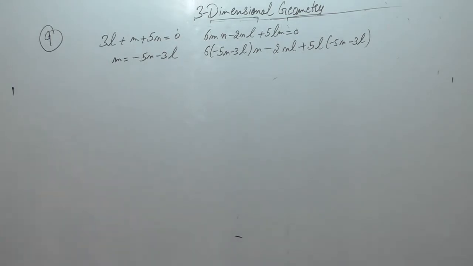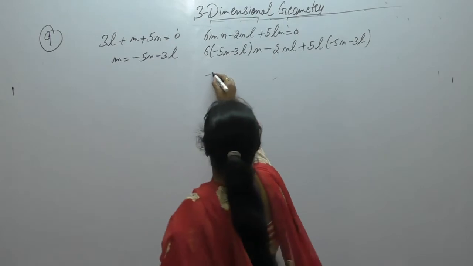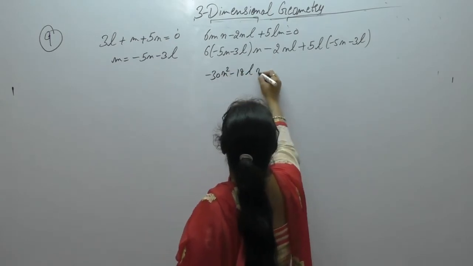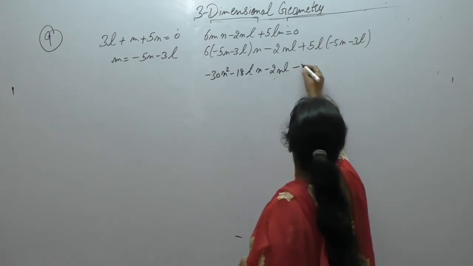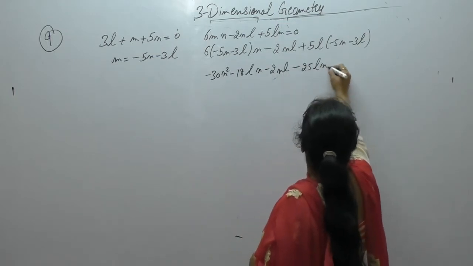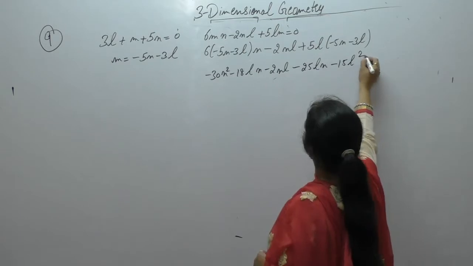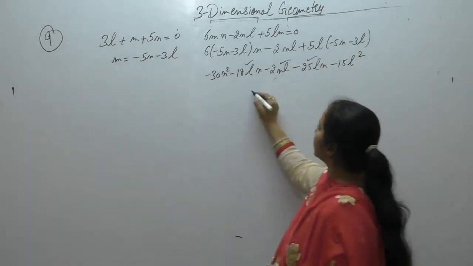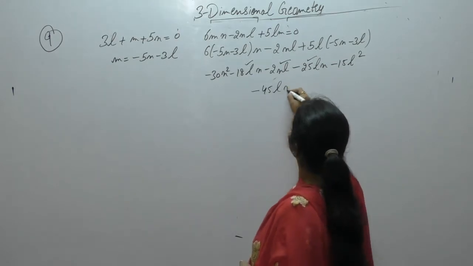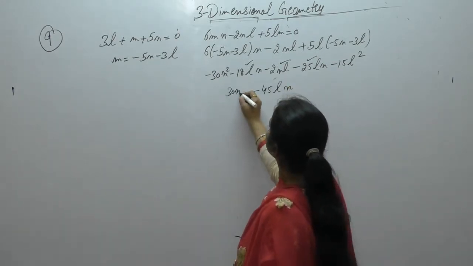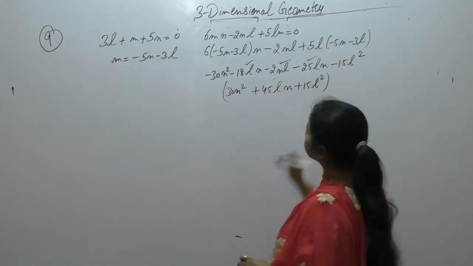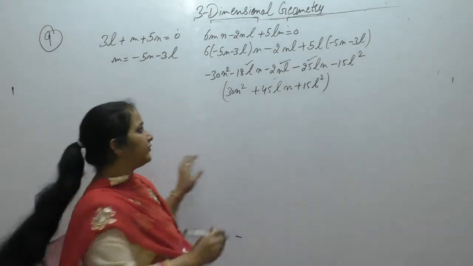Now open the bracket. 6 into 5, 30. 6 into 3, 18. ln - 2nl, 25 ln - 15 l square. 18 plus 2, 20 plus 5, 45 ln, 30 n square. Take negative sign common. Clear? Now take 15 common.